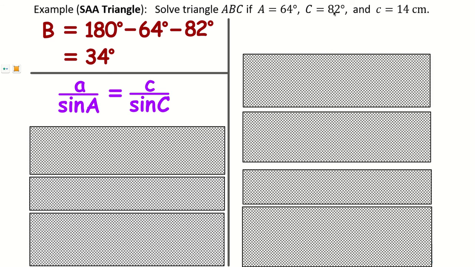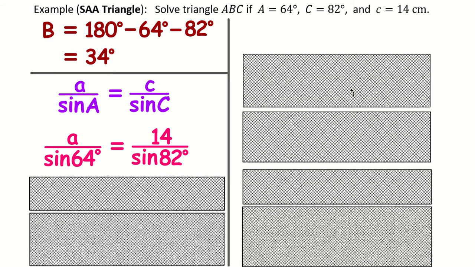And we know big C, so we're going to plug in for big C. Then we'll only have one actual variable that we can solve for. So once we plug in what we know, we'll be able to solve for what we don't know, because there's only one thing left over in this equation that we don't know.